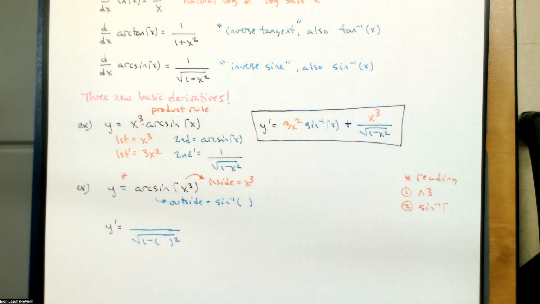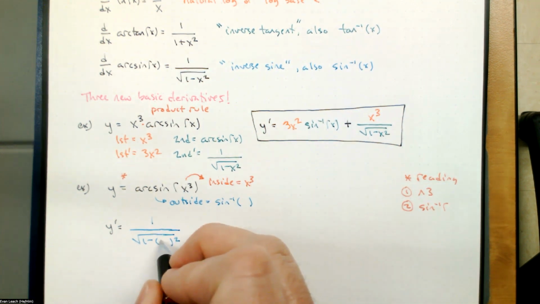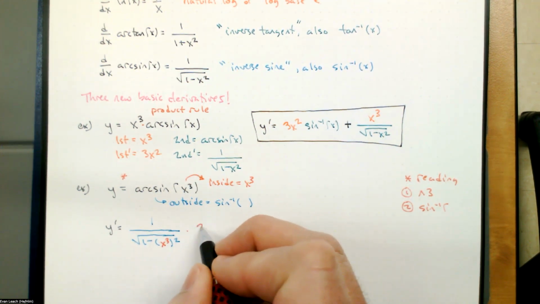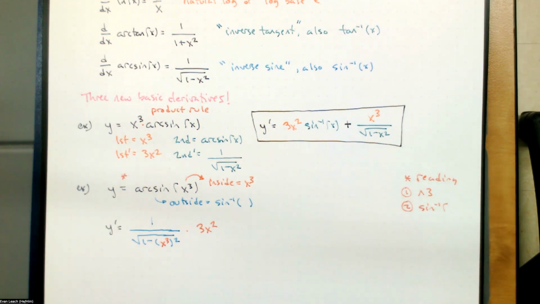The derivative of sine inverse of thing is 1 over the square root of 1 minus thing squared. In this case, thing is x cubed. Then we multiply by the derivative of the inside, 3x squared.